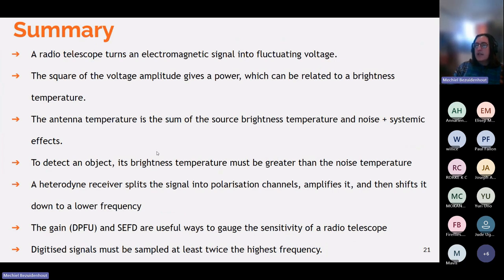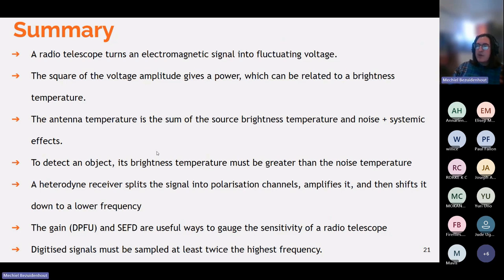So that's it from me. Let's summarize what we've learned today. A radio telescope takes an electromagnetic signal and turns it into a fluctuating voltage. If we take the square of the voltage amplitude, that gives us the power of the signal, which we can then relate to a brightness temperature.